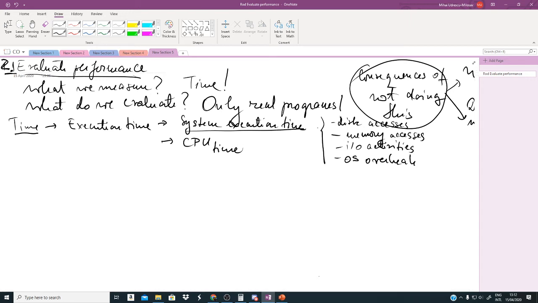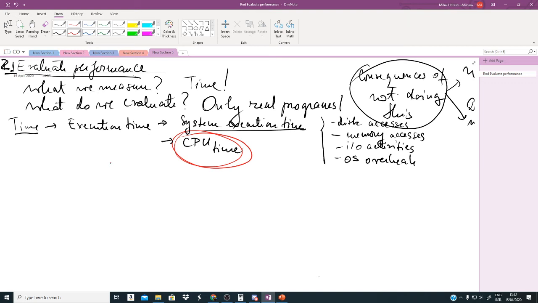But nonetheless, the CPU time is a very, very good indicator, because it's obviously correlated with the system execution time. And when you buy a computer, you'll buy it to be performant, right? To be better in hardware terms.